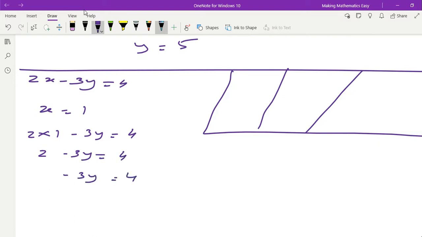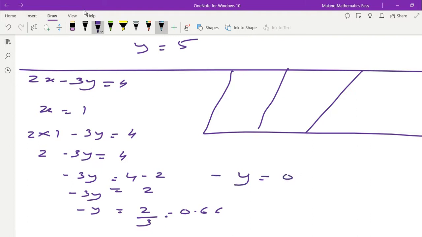This 2 will become minus over here, so this will be minus 3y equals 4 minus 2, that is 2. This 3 will become divide over here, so this will be 0.66. So minus y is equal to 0.66. This minus will go over here, so y is equal to minus 0.66, and x is 1.